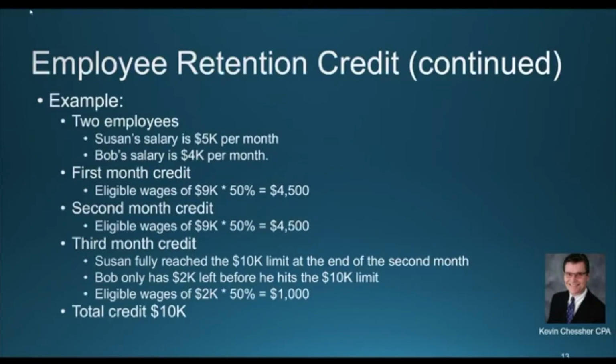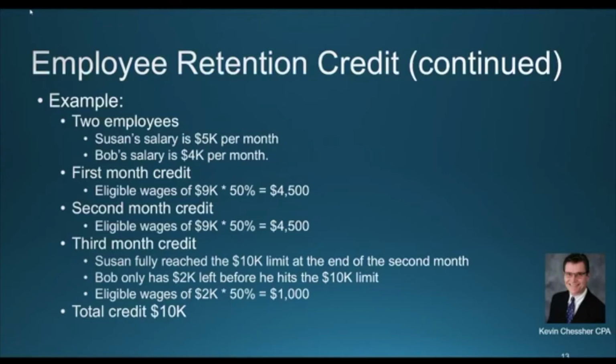So more about the employee retention credit. Let's do an example. We have an employer that has two employees. We have Bob and we have Susan. Now Susan makes $5,000 per month. That could all be salary. It could be salary and other benefits, but her total compensation is $5,000 per month. Bob's is $4,000. So in the first month, if we add 5 and 4 together, we get $9,000.